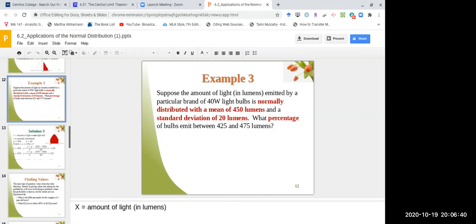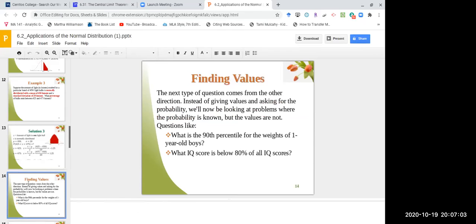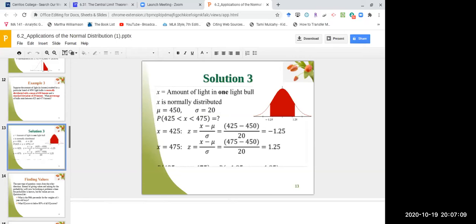Suppose that the amount of light in lumens emitted by a particular brand of light bulbs is normally distributed with a mean of 450 lumens and a standard deviation of 20 lumens. What percentage of bulbs emit between 425 and 475 lumens? Well, excuse me, I just conveniently left that out, didn't I?